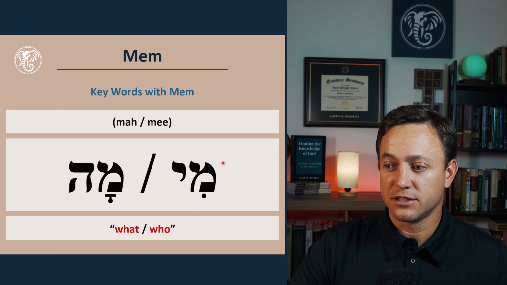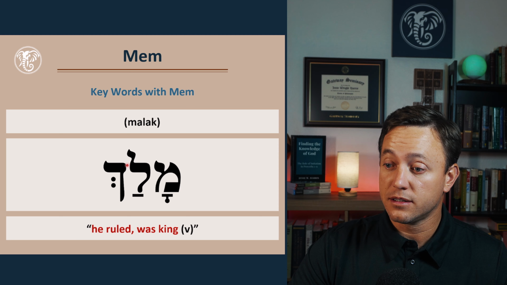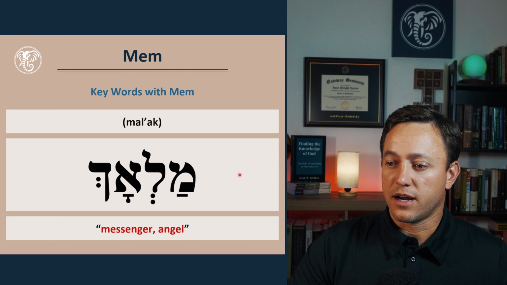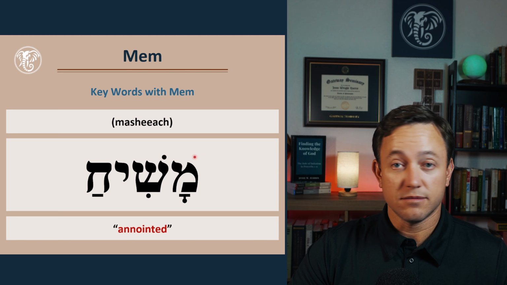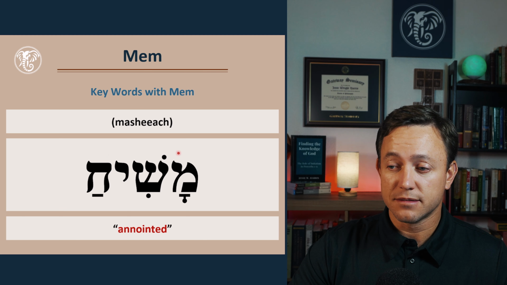So let me go back to that word, malak. This one, malak, is very similar, but there's no aleph. So no aleph for the king. All right, so malak.